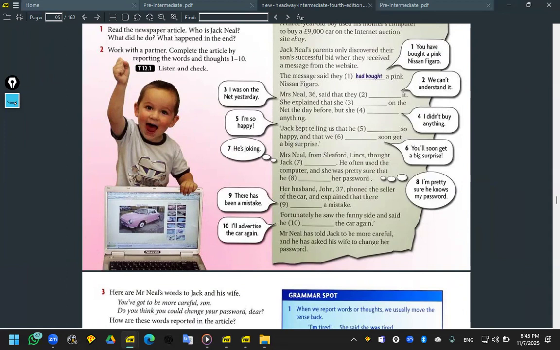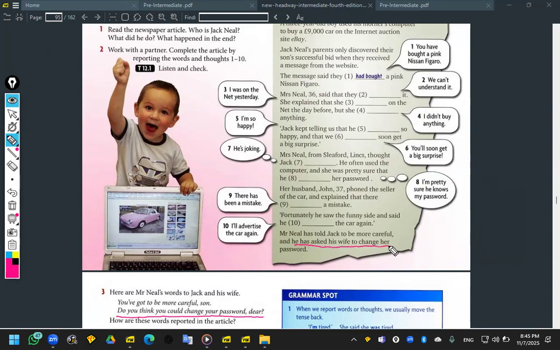What about 2? Do you think you could change your password, dear? So this is it: and he asked his wife to change her password.